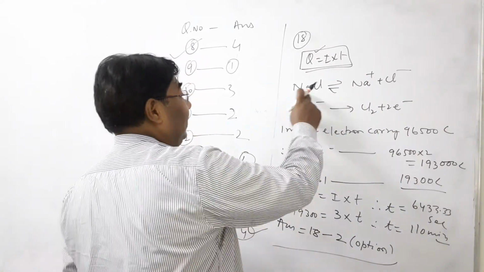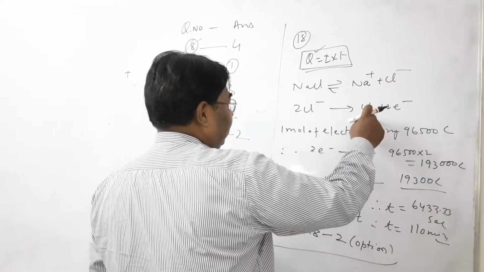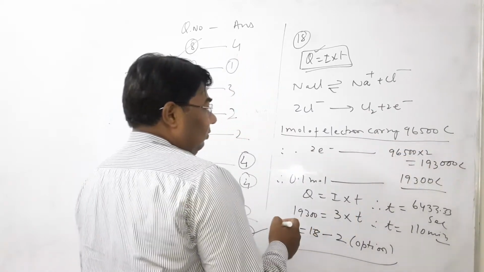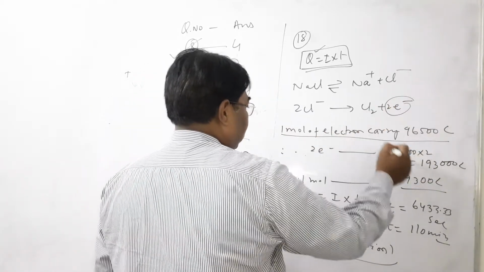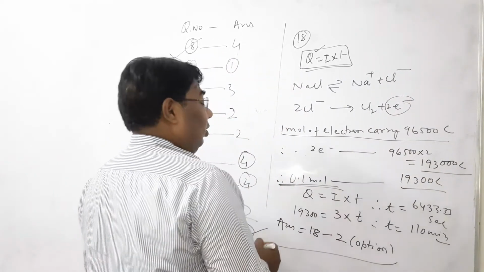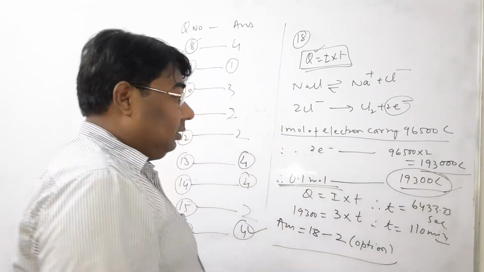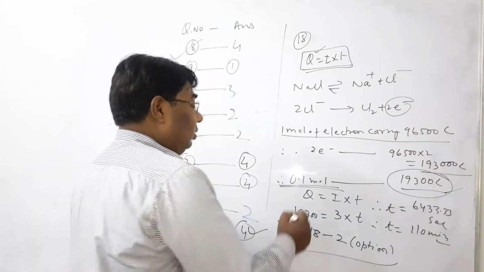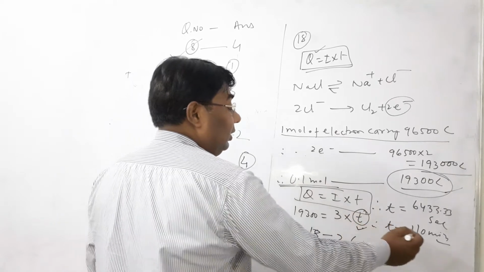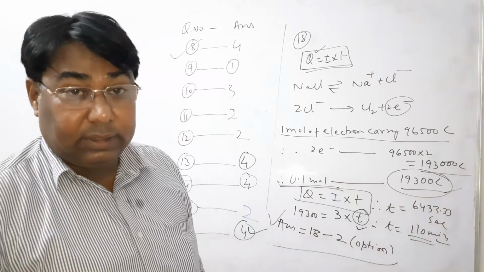So NaCl gives Na+ and Cl-, then Cl- forms Cl2 by losing 2 electrons. 1 mole of electrons carries 96500, so for 2 electrons this is 193000 coulomb, but in the question the amount is 0.1 mole. So as per the question, the charge is 19300 coulomb. Now apply Q is equal to I into T, and then you find T is equal to 110 minutes. So for 18, option number 2 is correct.